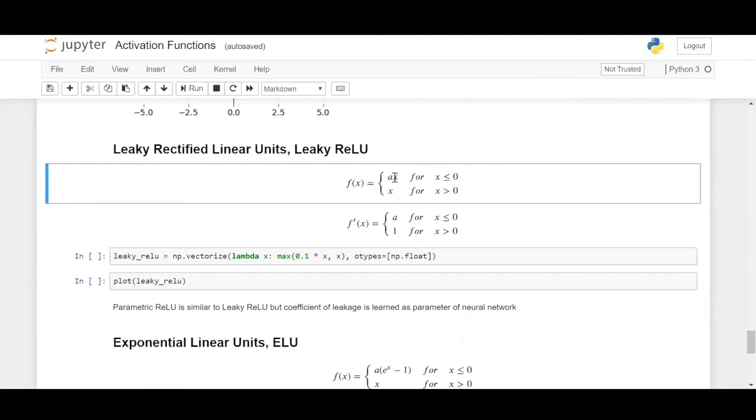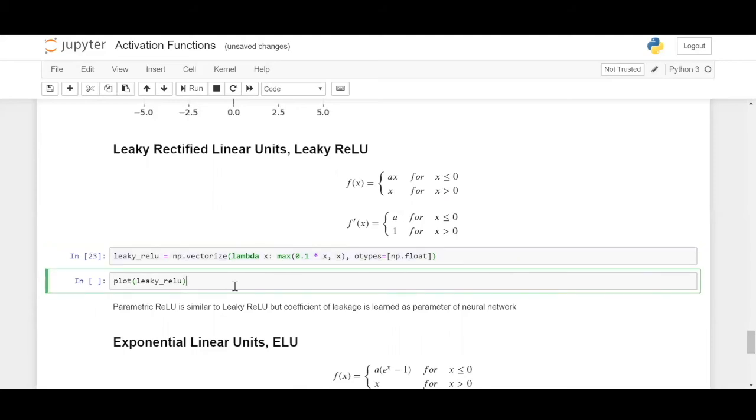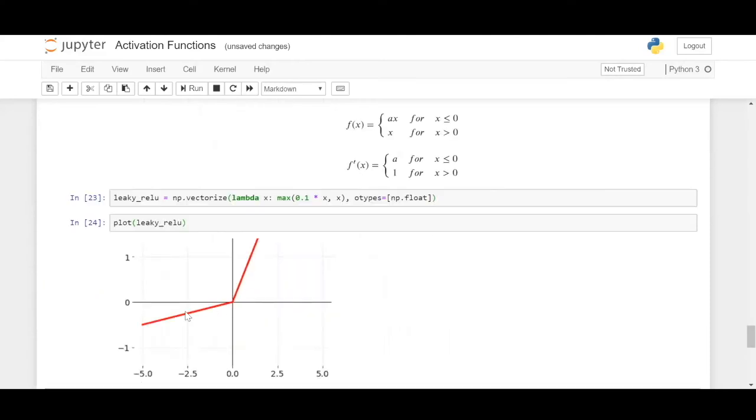But one point to be kept in mind is the value of a. The value of a is always between 0 and 1. So that is one catch in the leaky ReLU activation function. So I will just define the function here and plot it out. Yeah. Now can you see this?